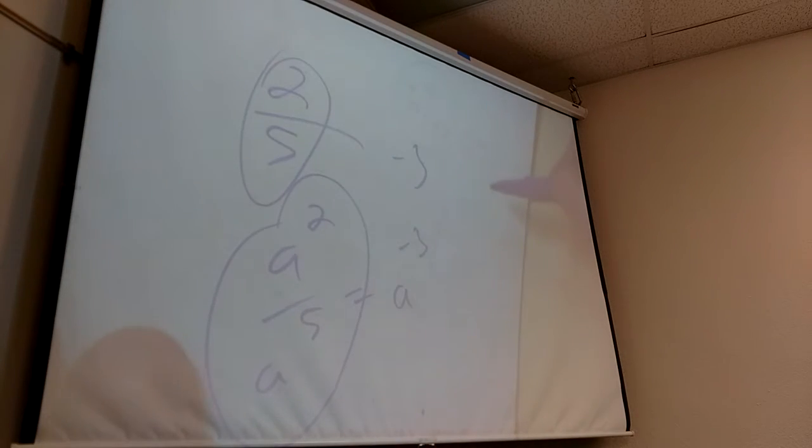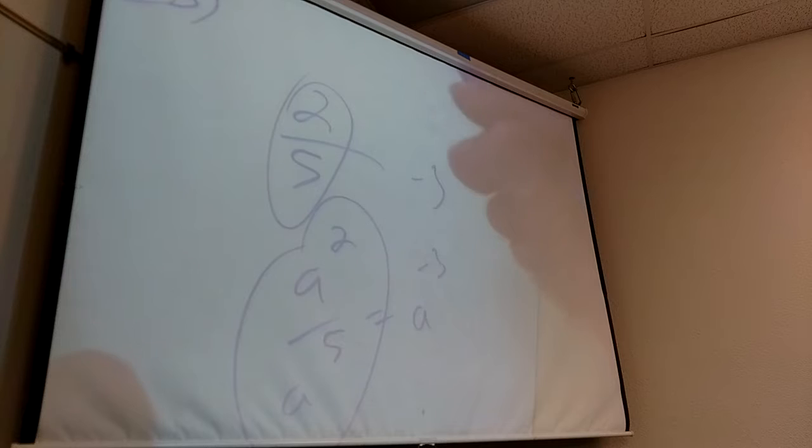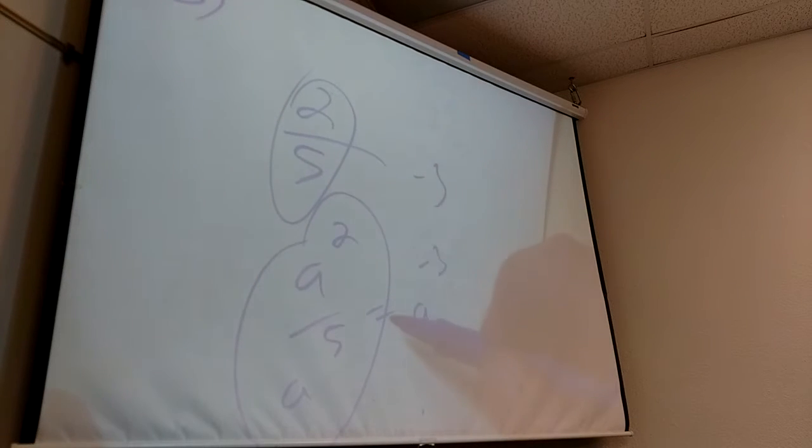So why do these act differently? They don't. They do not act differently. Is there a 2 in here somewhere? No, there is no 2. There's no 5. There are 2 a's and 5 a's. Here, is there a 2 in this? Yeah. So of course it's going to act differently than this. This doesn't have a 2. This does.